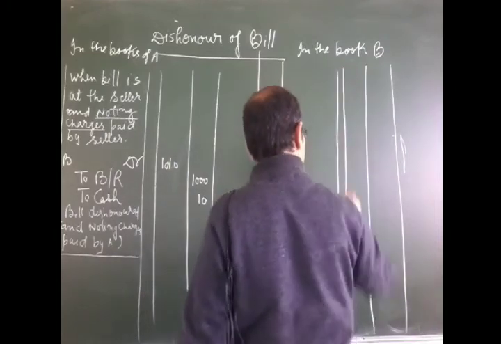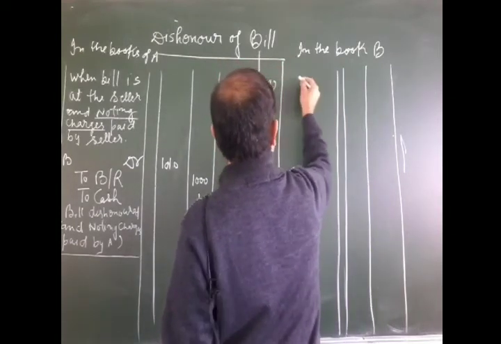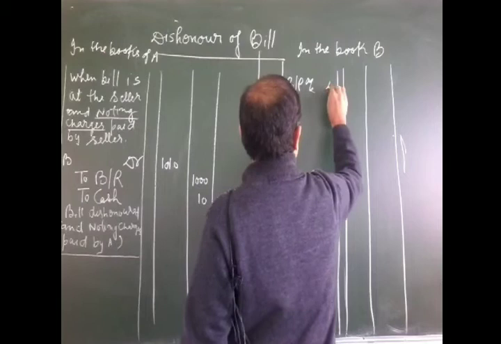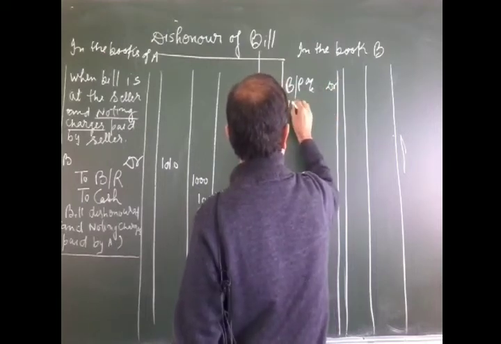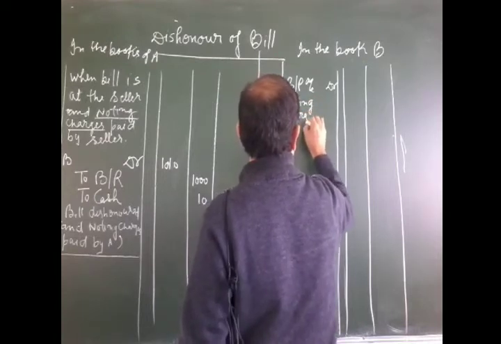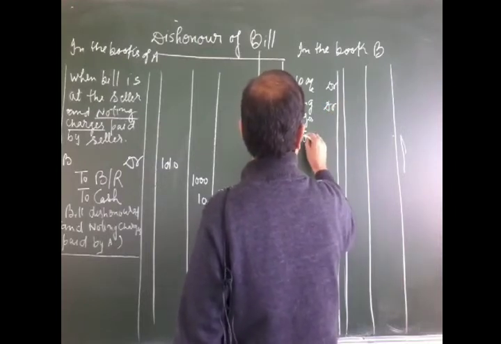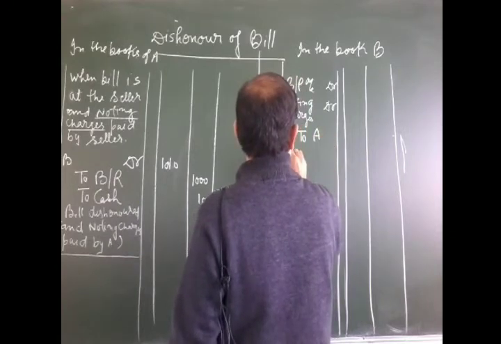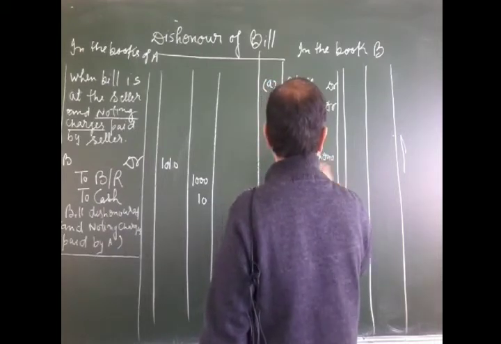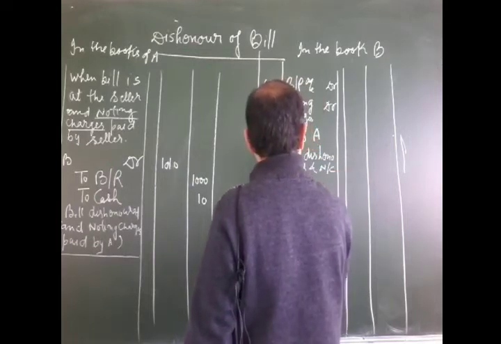Here we will write noting charges account debit to A. Bill dishonored and noting charges paid.